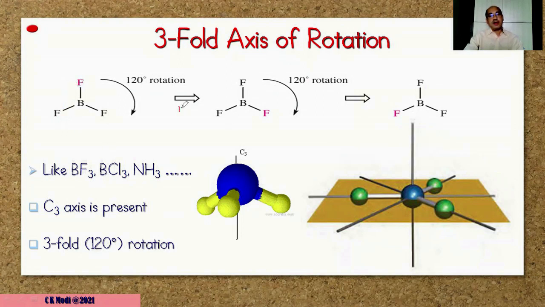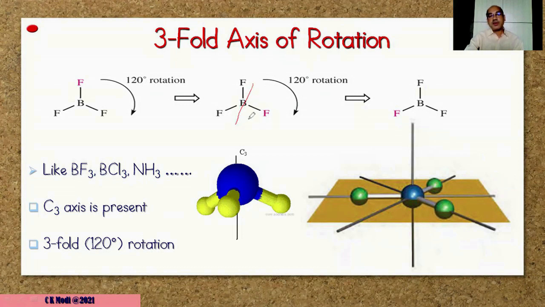So look at this new structure. After 120-degree rotation on the Z axis, we are getting a new structure, right? All these three fluorine atoms interchange their positions. However, boron, which is situated at the center, because the imaginary axis passes through this boron atom, remains in the same position.